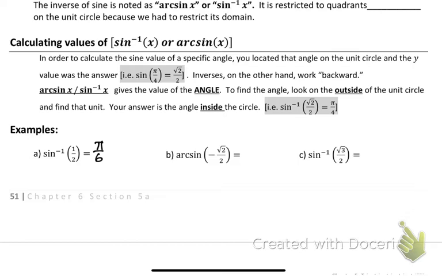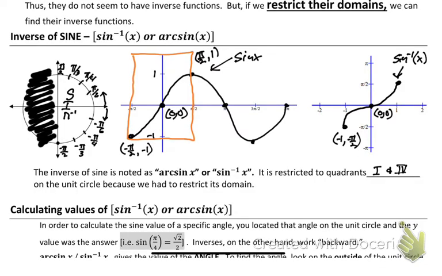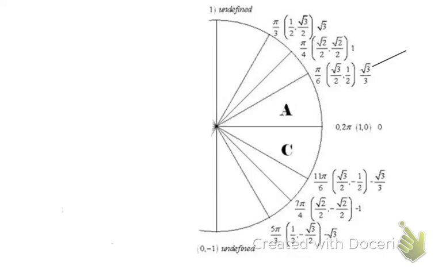The next one is the hardest one and the one that people are going to repeatedly get wrong on tests. Arc sine equals negative square root of 2 over 2. Can we figure out where sine equals negative square root of 2 over 2? Can you see that on your unit circle? Yes. So it's right here, right? Yes. So what's going to happen on the test is you go, I found it, Mr. Pabian. I know how to do this. I work backwards, and I write 7 pi over 4.